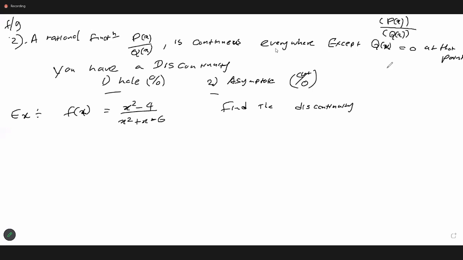Then we have a discontinuity. According to this part, qx equal to 0, what is the qx here? x squared plus x minus 6 equal to 0. Then you can find out the factors.